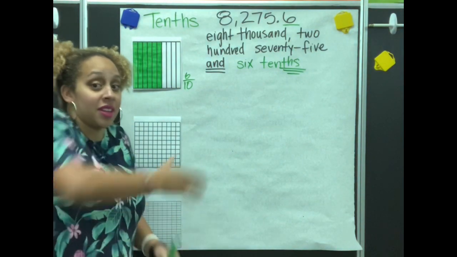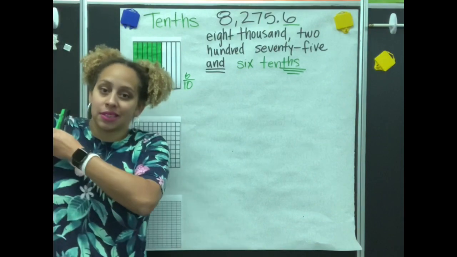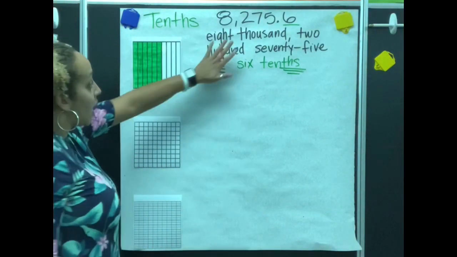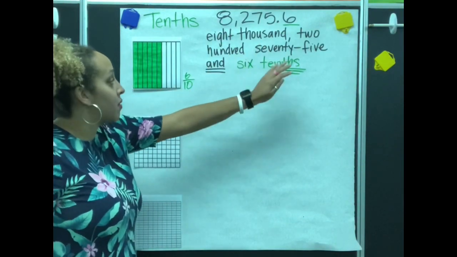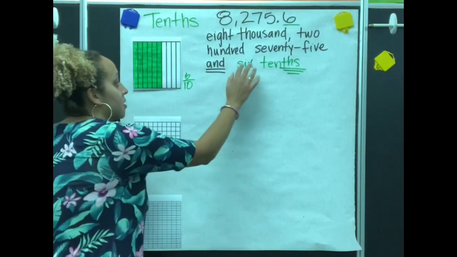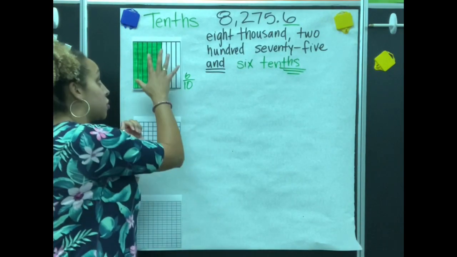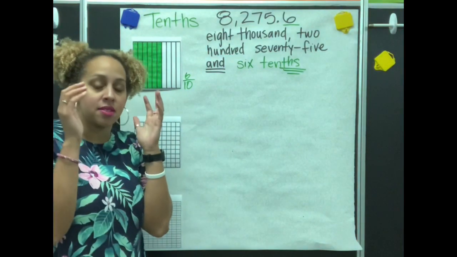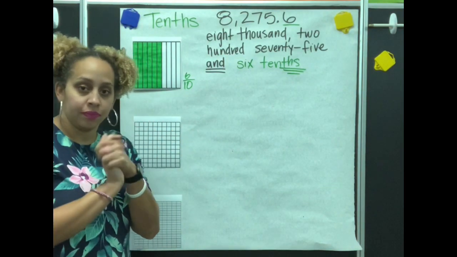So remember, this is going on the inside of your flap. We have 8,275 and 6 tenths, because that's what we had. We took our one whole, we dropped it into 10 pieces, and we only wanted 6 of them.